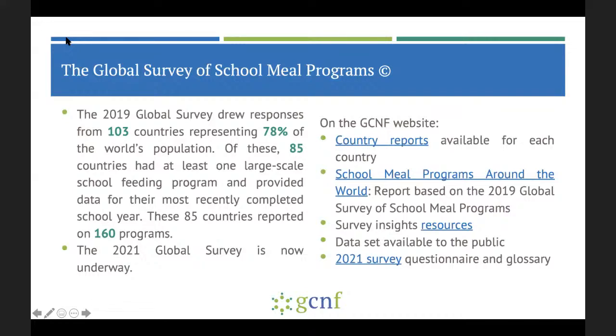There are also shorter resources on specific subtopics related to school feeding. The data set that derives from this survey is available to the public, so other analysts and practitioners are able to access the data and use it as they wish. And finally, the 2021 survey questionnaire and glossary are also available on the GCNF website. So if you're interested, I encourage you to go take a look. I think it's very interesting.